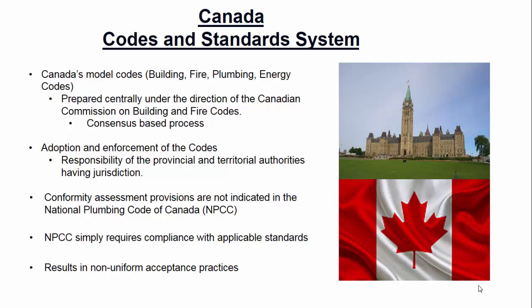There are no conformity assessment provisions within the Canadian National Plumbing Code. However, they basically rely on references within the code for the applicable standards. And this sometimes also runs into some problems with acceptance and uniform practices throughout the nation.